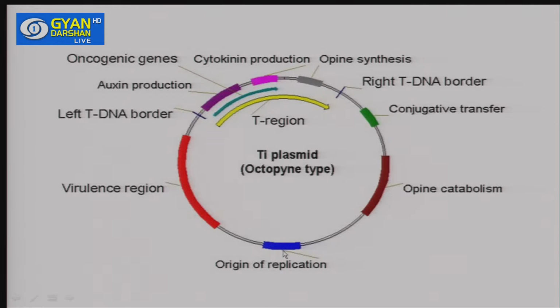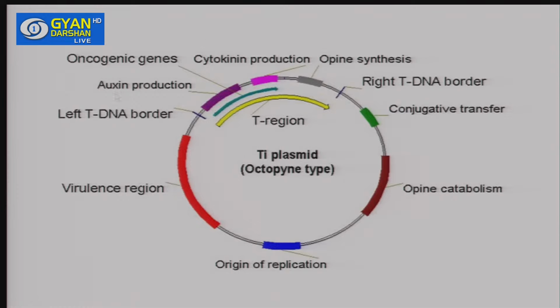The origin of replication allows the vector to multiply within the host cell. And a very, very important component, which we will focus on in detail, is the virulence region. That means it has almost 8 virulence genes, or the VIR genes. These VIR genes act from outside.